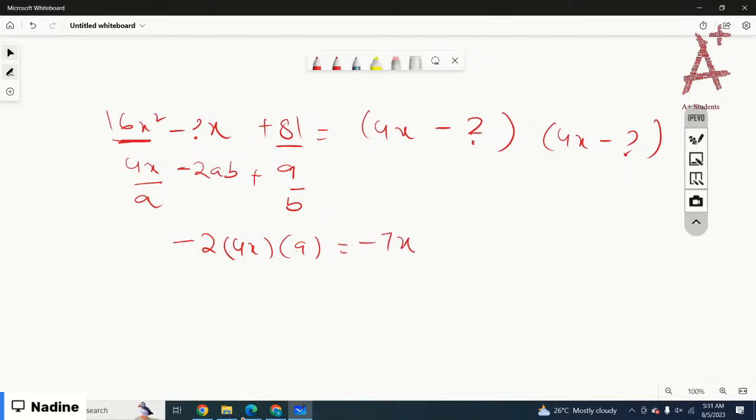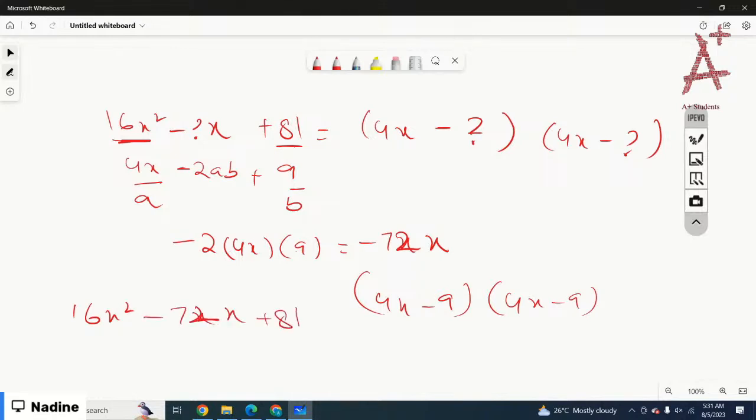That would be negative 72x, right? And this is the perfect square of 9. So it would be 4x minus 9 and 4x minus 9. So the complete equation is 16x square minus 72x plus 81 equals 4x minus 9 and 4x minus 9, right?